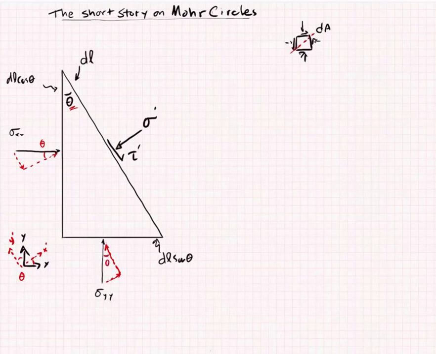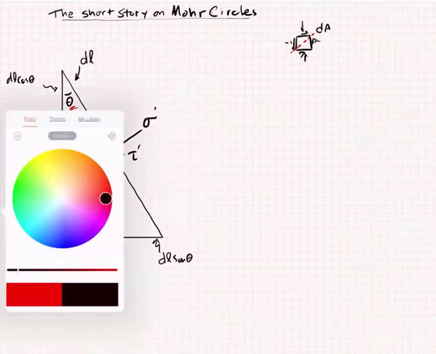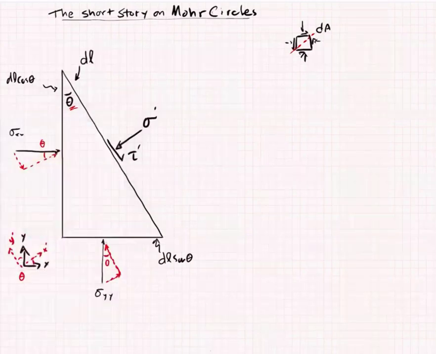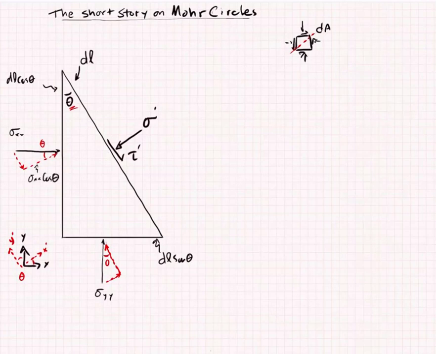And now let's just write down what those values are based on the trigonometry of these little triangles. And those will be, this one here is sigma xx cosine theta, and this one here is sigma xx sine theta.